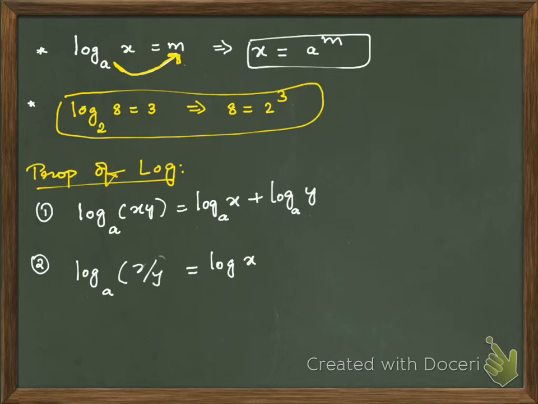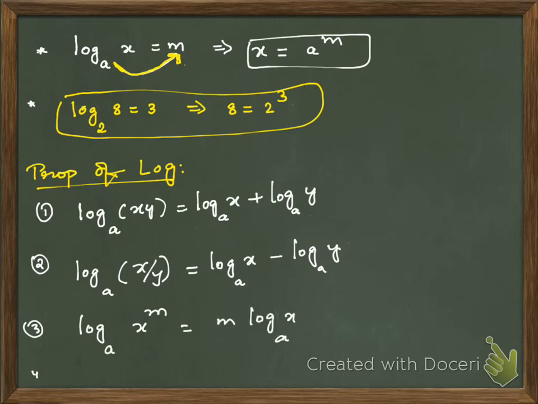Log of x by y is log x to the base a minus log y to the base a. Next, third is log of x power m to the base a is m log x to the base a.